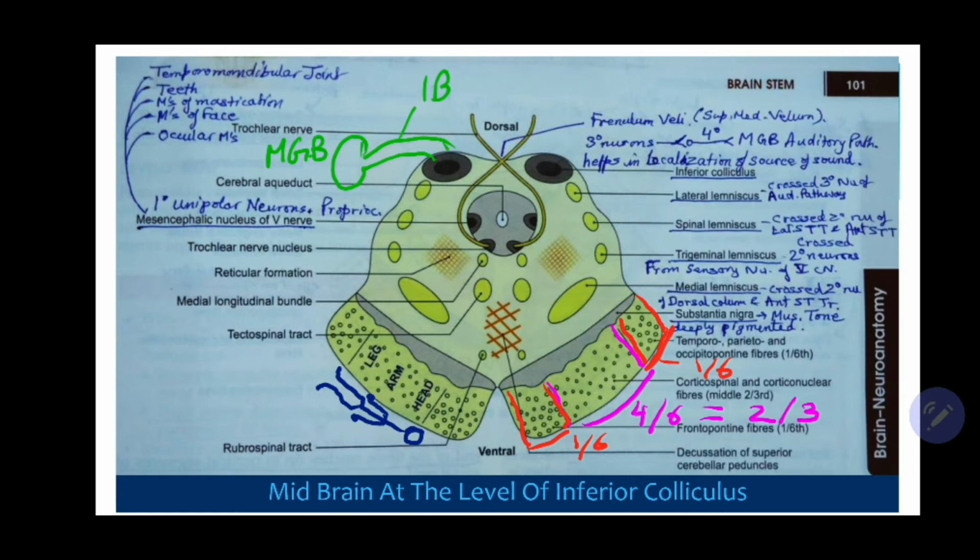That is about rubrospinal. By the way, I have taught you both these tracts. If you go and revise those extrapyramidal tracts, these are part of the extrapyramidal descending tracts. You can even go and revise from my previous lectures.